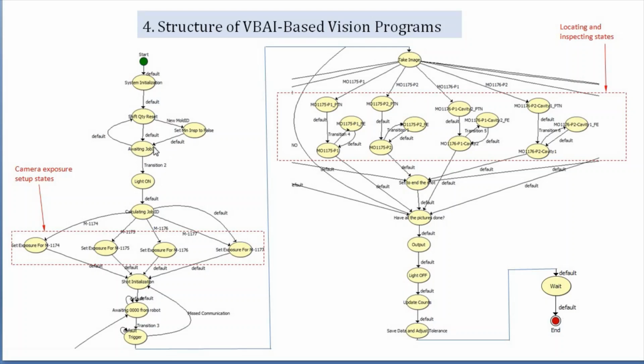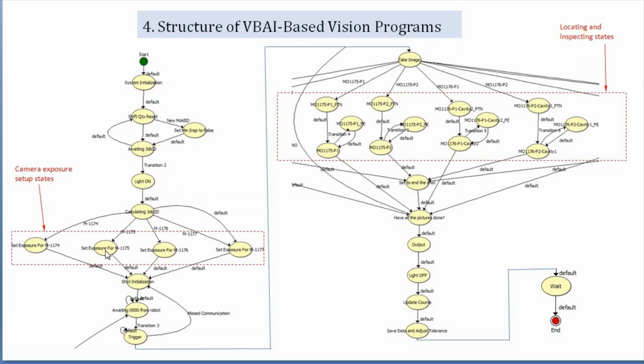Here is the state where the vision program is waiting for the job signal from the robot. Once it receives the job signal, it will turn on the LED light and then calculate the job ID based on the 4-bit signal received from the robot.